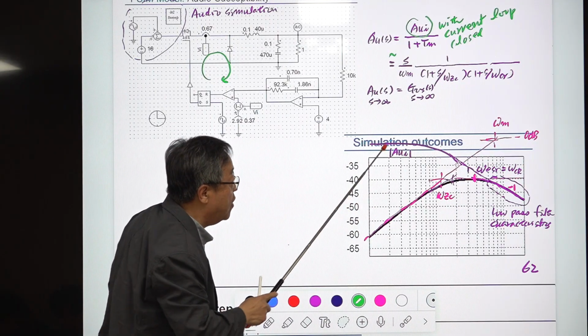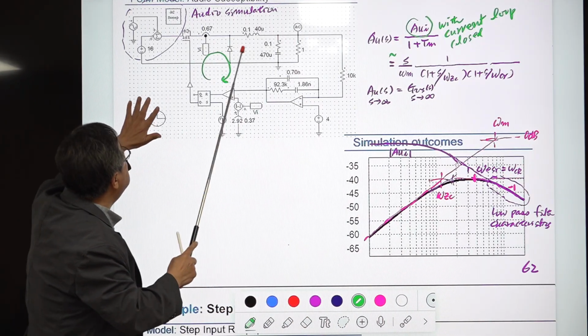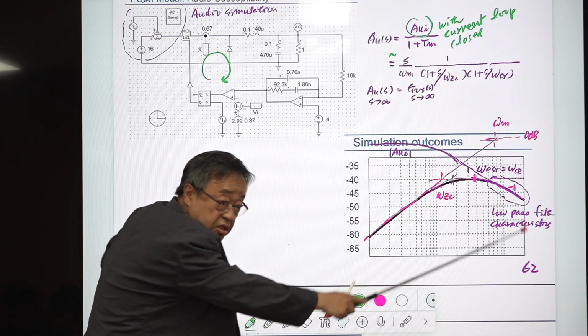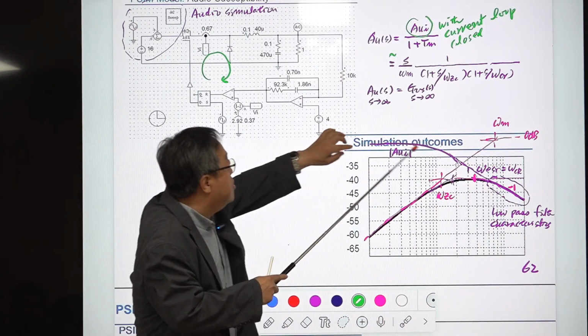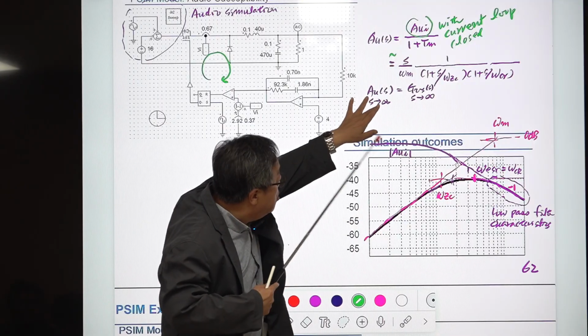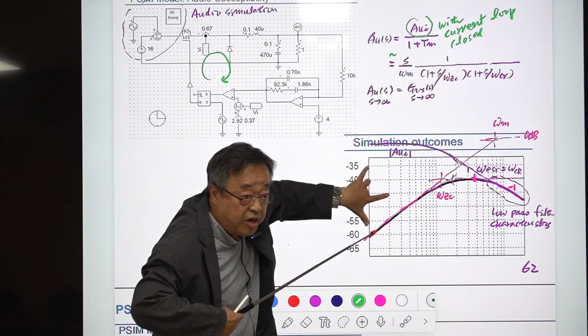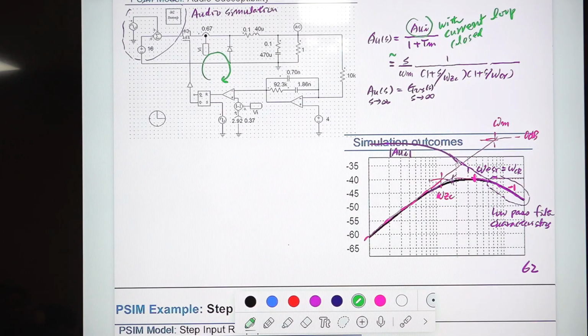The original one had everything open, so you have the power stage alone. Then maybe this one will be something similar to this. It was a low pass filter, but with this current loop, this much is reduced. And with this Tm, you have further attenuation of this much. If you overlay the loop gain, there will be something. It's not exact, but you can imagine something similar to this.